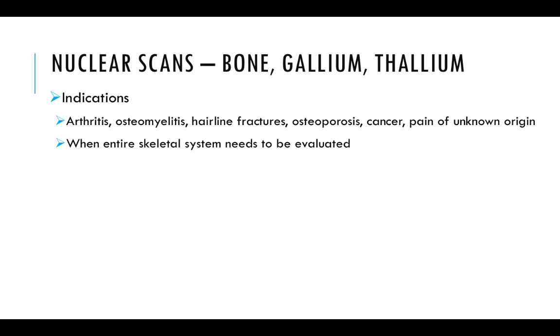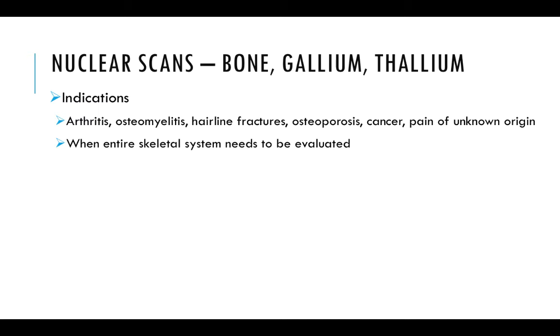Now, one of the things you've got to think about is that nuclear scans are not the first line diagnostic procedure. These are usually to follow up other diagnostics such as x-rays or CAT scans, to determine the extent of the disease process, or if nothing showed up on the regular x-rays or CAT scan, to maybe see some very subtle changes like a hairline fracture.